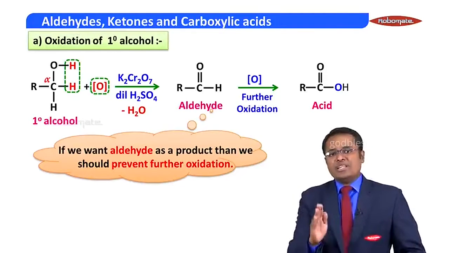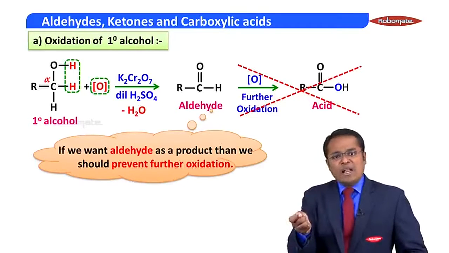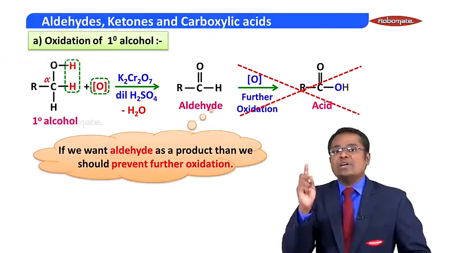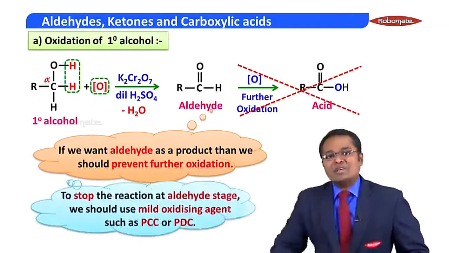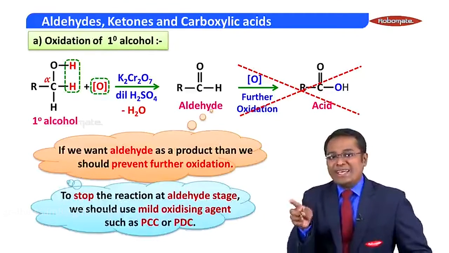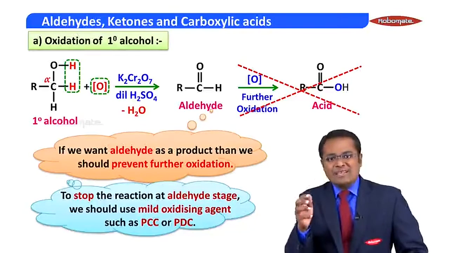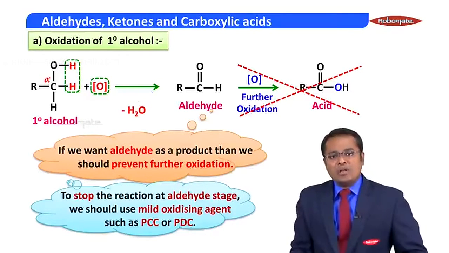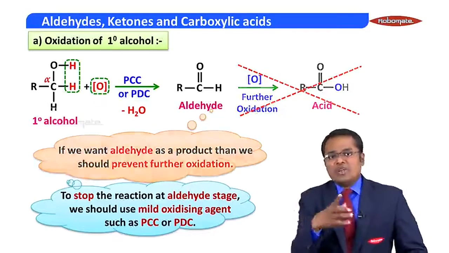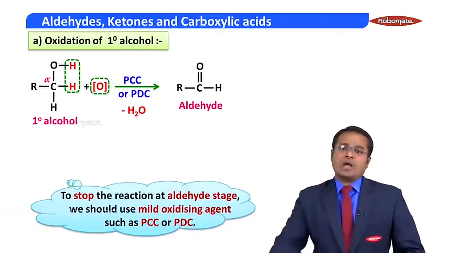We can do it by using a mild oxidizing agent. Which mild oxidizing agent will we use? There are 2: we can use PCC or we can use PDC. By using PCC and PDC, further oxidation will not be observed. That means I'll get aldehyde as my main product.